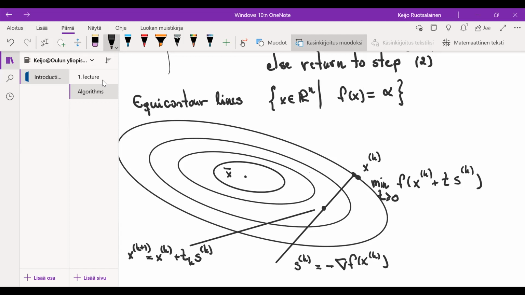Because from this 1D minimization, we get step length tk, which is something positive. This is the idea of the gradient method.